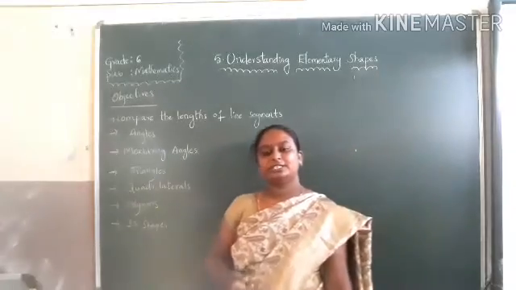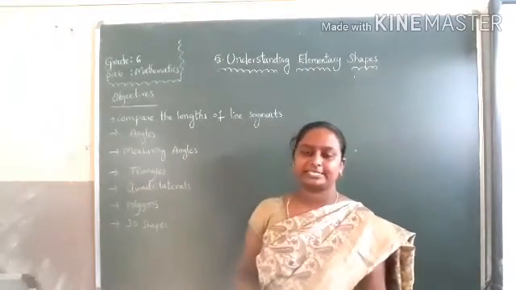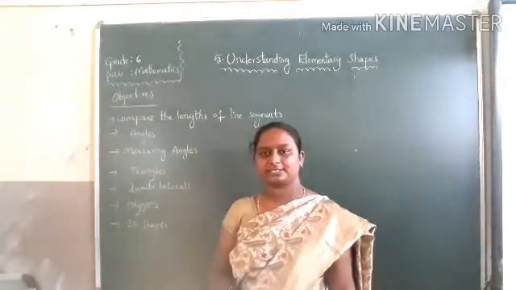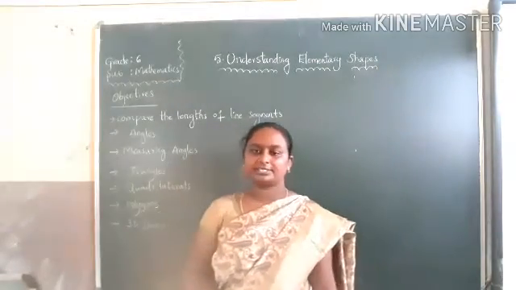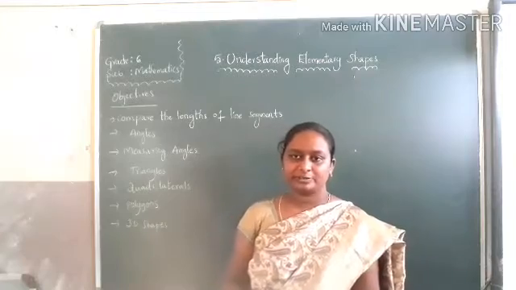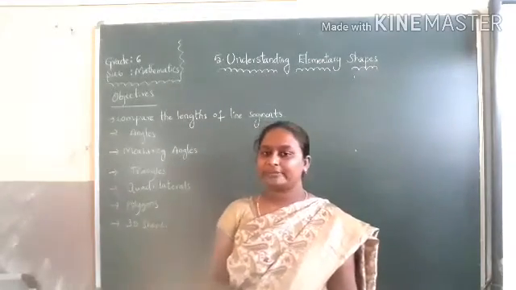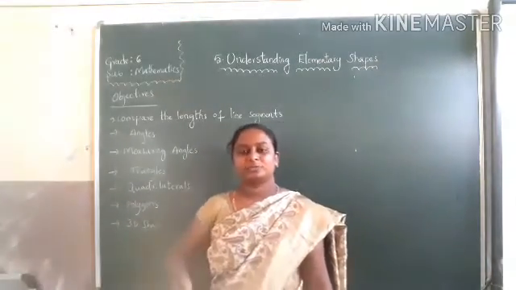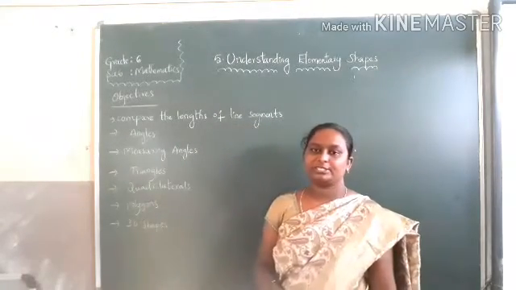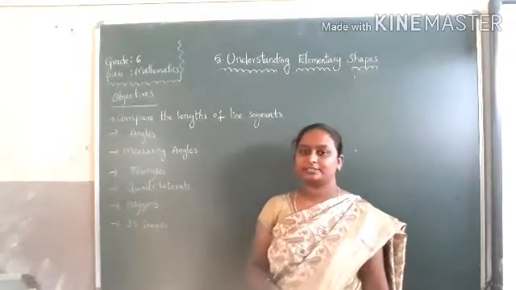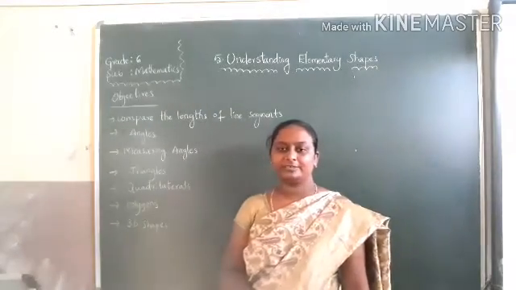And we have learned lines also, intersecting lines, parallel lines, and circles also, triangles, quadrilaterals. You have seen these in the previous class, and in this class also we will learn about all those shapes and how to draw them.